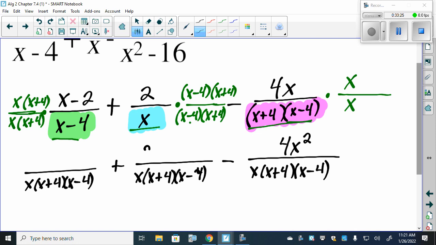We can do the middle one next. So 2 times, well, we have our 4x, x minus 4 times x plus 4, yes? What happens when we multiply those together? What do we get? X squared what? Minus?